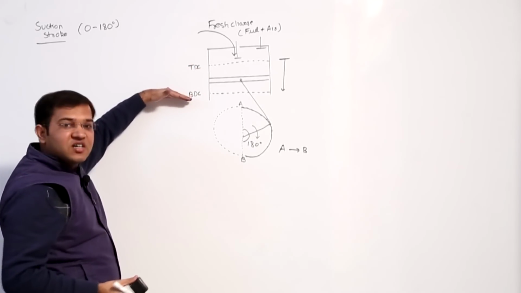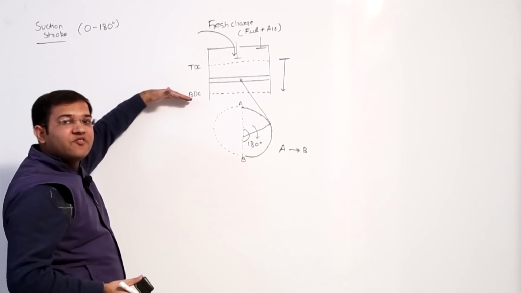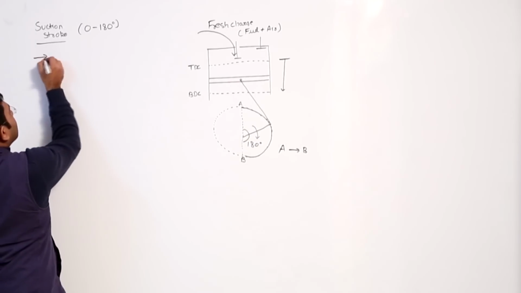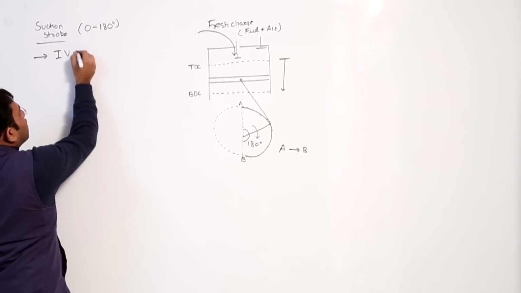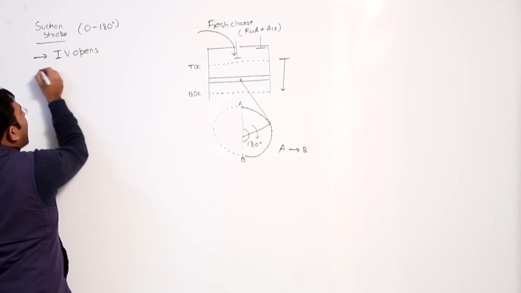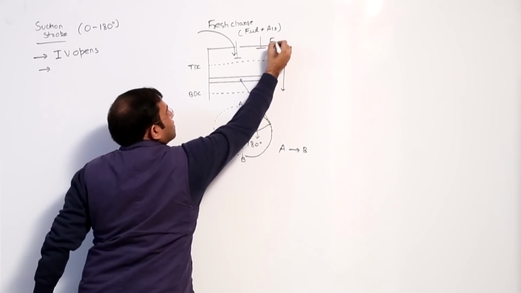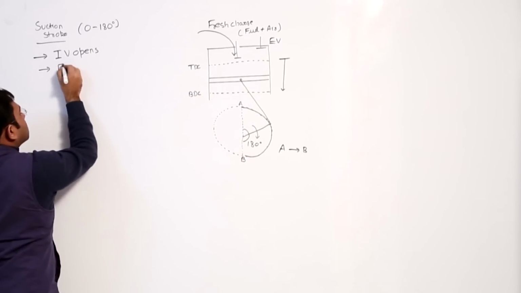So this is the first stroke, or the first event, of the Otto cycle. Here we see that the inlet valve opens, and this exhaust valve is closed.